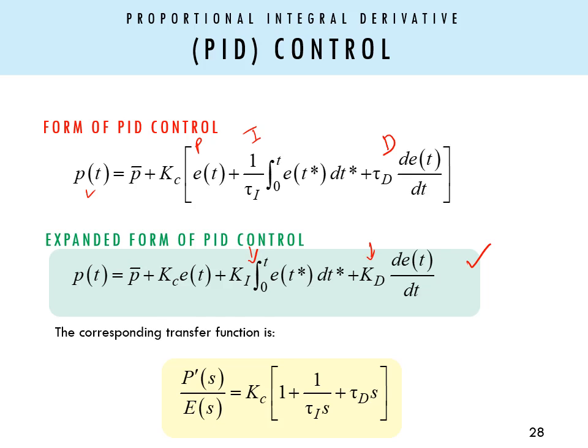Kd is the controller gain for the derivative term in the PID controller. So finally, this is the corresponding transfer function for the PID controller, where P divided by E, controller output divided by controller input, is equal to Kc, the controller gain, times 1 plus 1 divided by tau I s plus tau D times s.